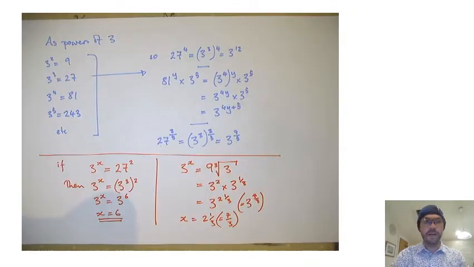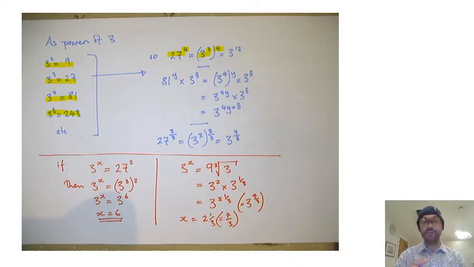So there's quite a lot about change of base in some of the questions. For example, if I take the power series for 3, we get these results and so on. That means if I want to write 27 to the 4 with 3 as the base, or as an index of 3, rewrite the 27 as 3 cubed raised to the power 4 and use the index rules from the previous sheet.